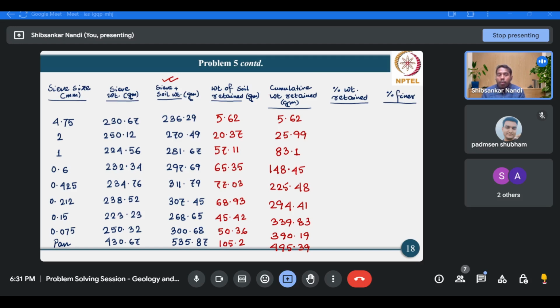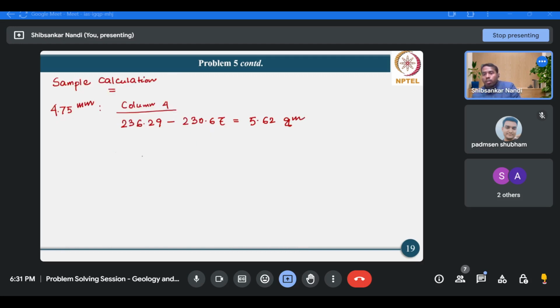Now we will be calculating the percentage weight retained, that means with respect to the total weight. So with respect to 500, how much percentage is basically retained on a particular sieve? It is also very straightforward. So column 5, it will be simply 5.62 at least for 4.75 mm.